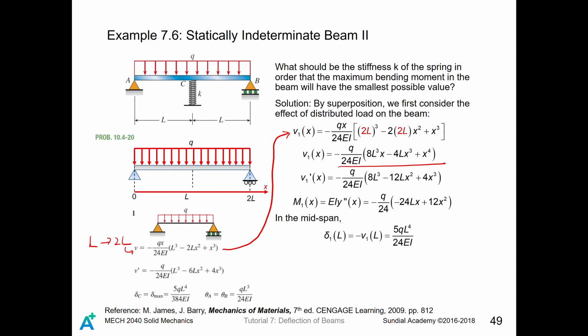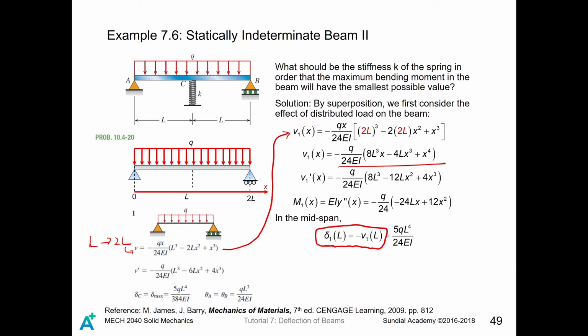So anyway, the moment M1 inside the beam now becomes minus Q divided by 24 times minus 24Lx plus 12x squared. So I will simplify it a little bit later. And in the midspan, in the middle of this beam, we care about its deflection. So the deflection is given by delta 1 equals minus V1(L).